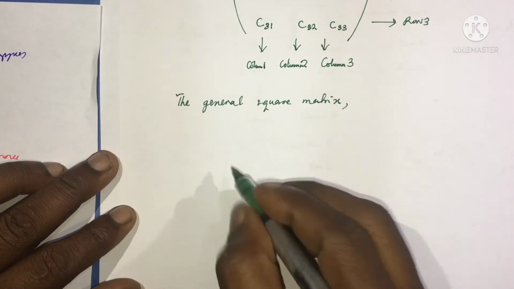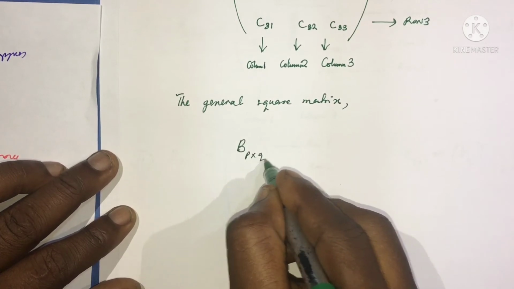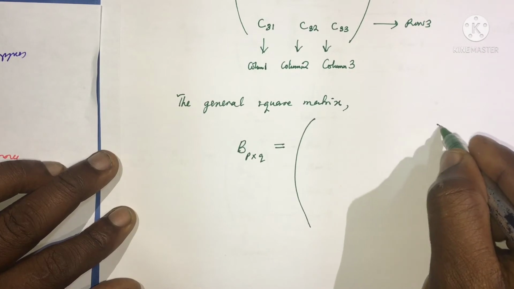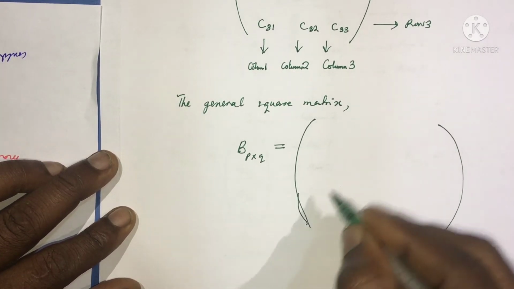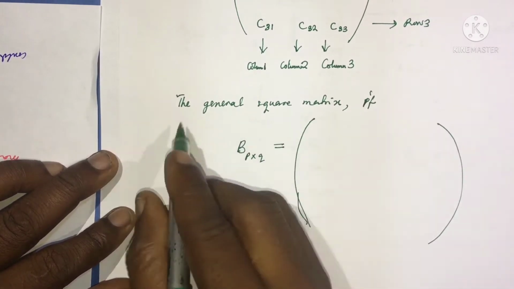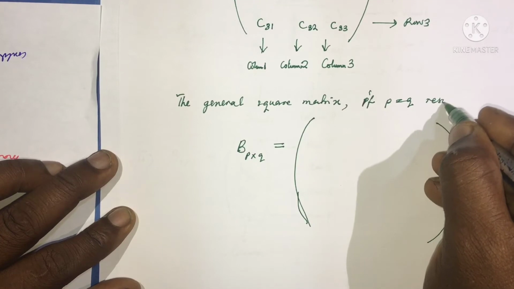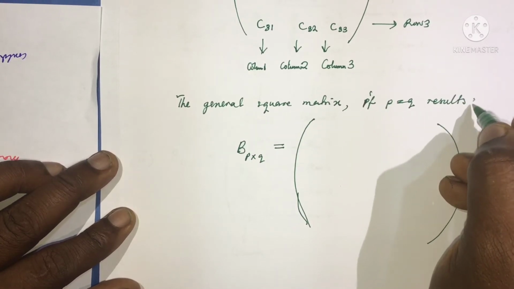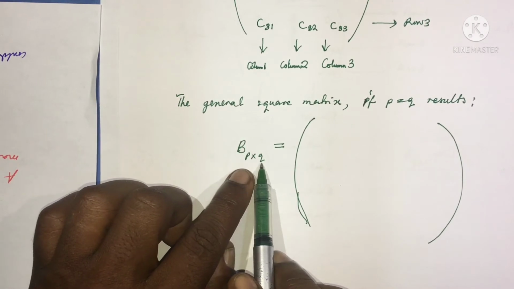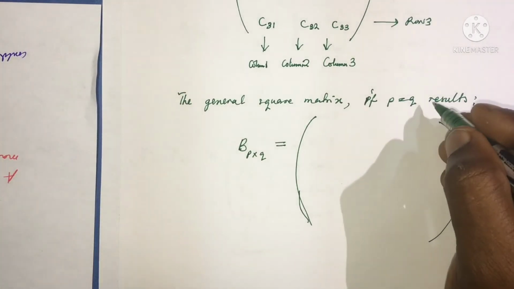If you were to write B, a matrix P by Q, especially when P equals Q, the general square matrix results. If the number of rows equals the number of columns, then the general square matrix will result from that.